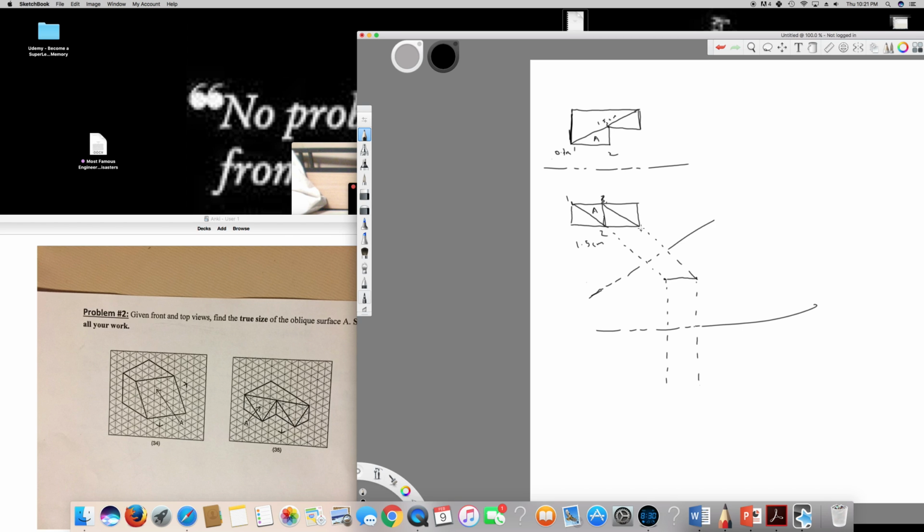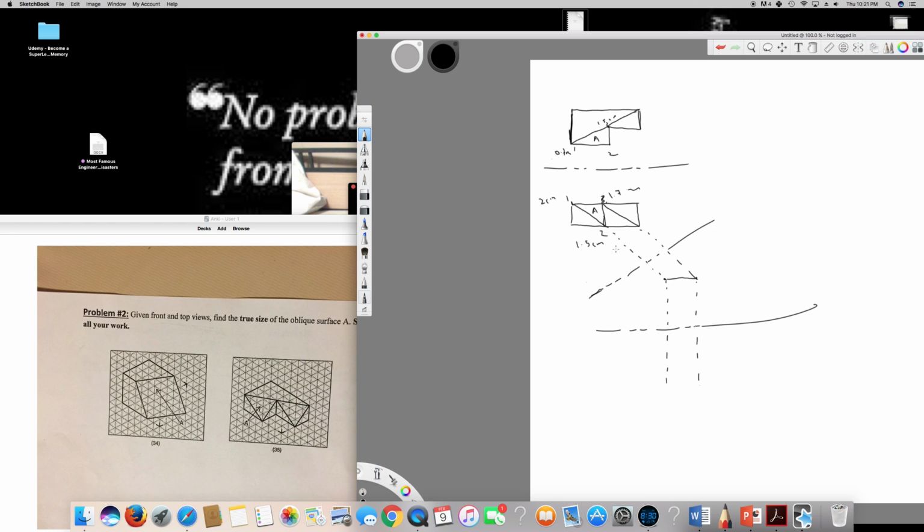We only have to worry about this one. If the phantom line is like this, we have to measure the distance from the phantom line vertically, right? So 1.5 centimeter, let's say this is 2 centimeter, and this is a little bit lesser than that, 1.7 centimeter.